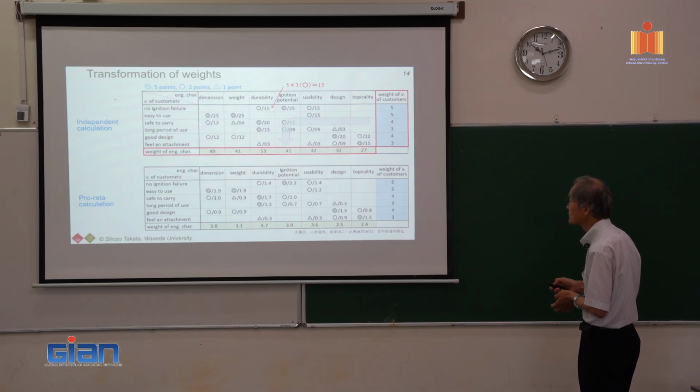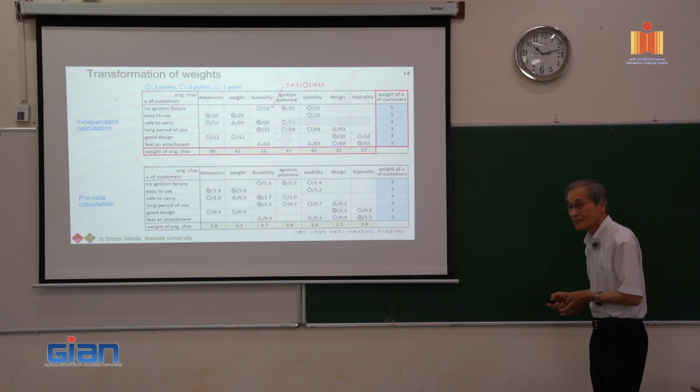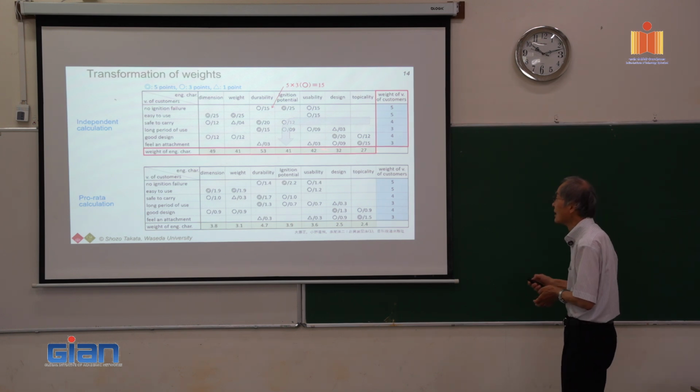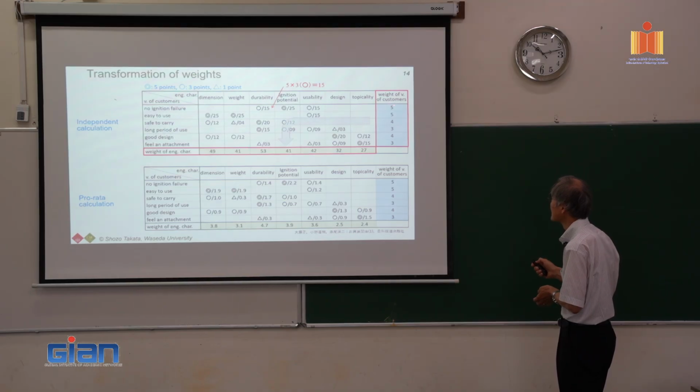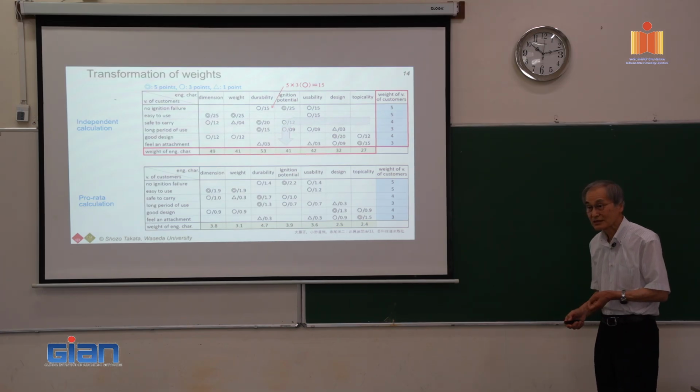Then the same calculation is made for this double circle and this double circle and this triangle, and that makes 15, 20, 15, and 3. Altogether, the sum is 53, sorry. So this way, you can transform the weight of the customers to the weight of the engineering characteristics.